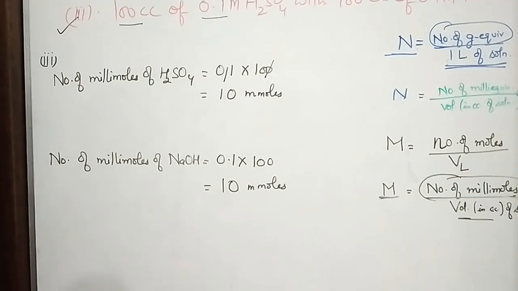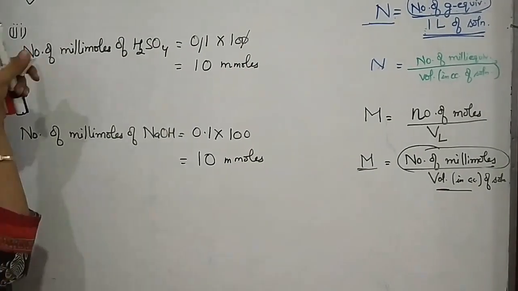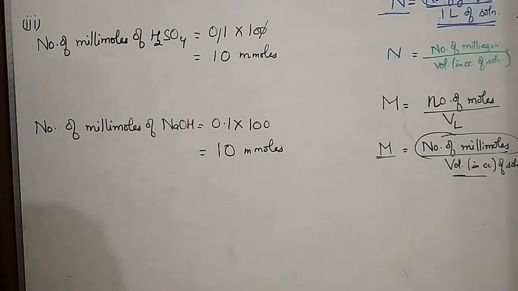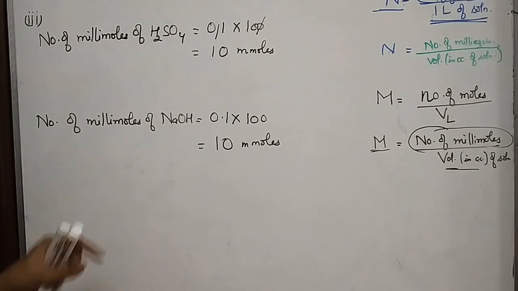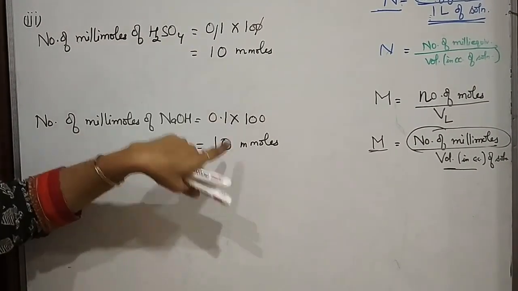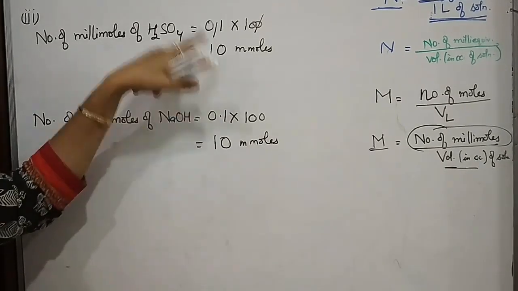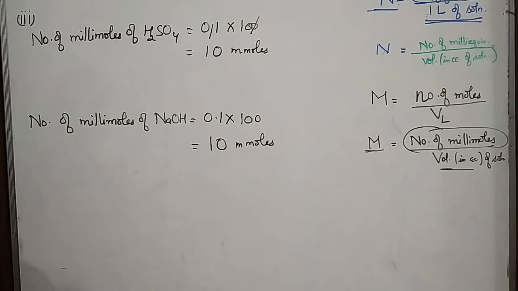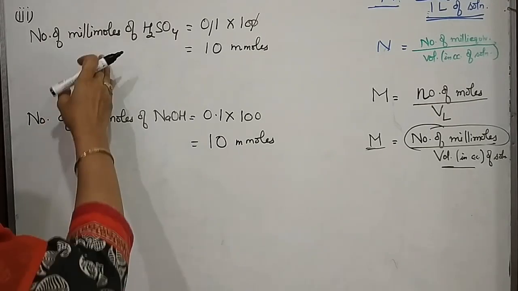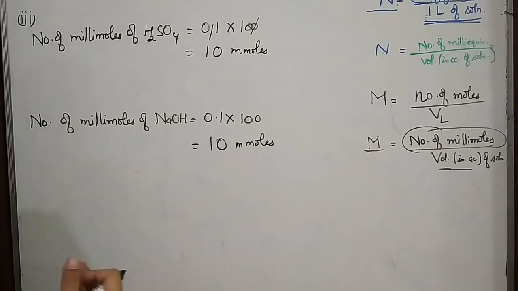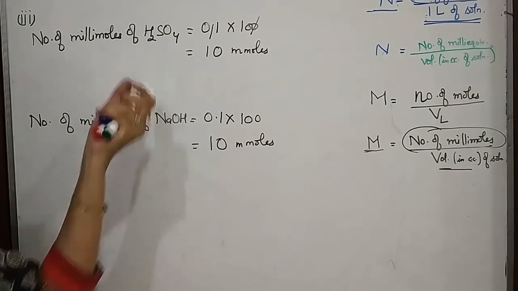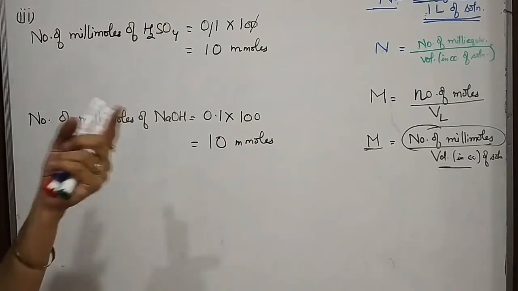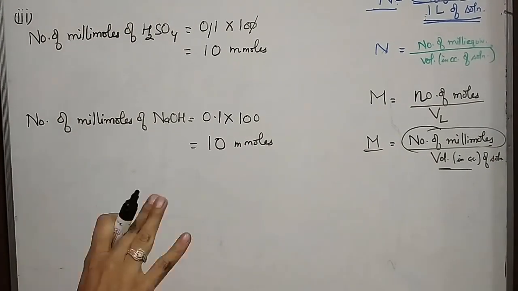If you have to find out the molarity of the resulting mixture, then because this is 10 millimoles, this is 10 millimoles, they cancel out. That means they neutralize each other. As a result, molarity is 0 because no solution is left over.